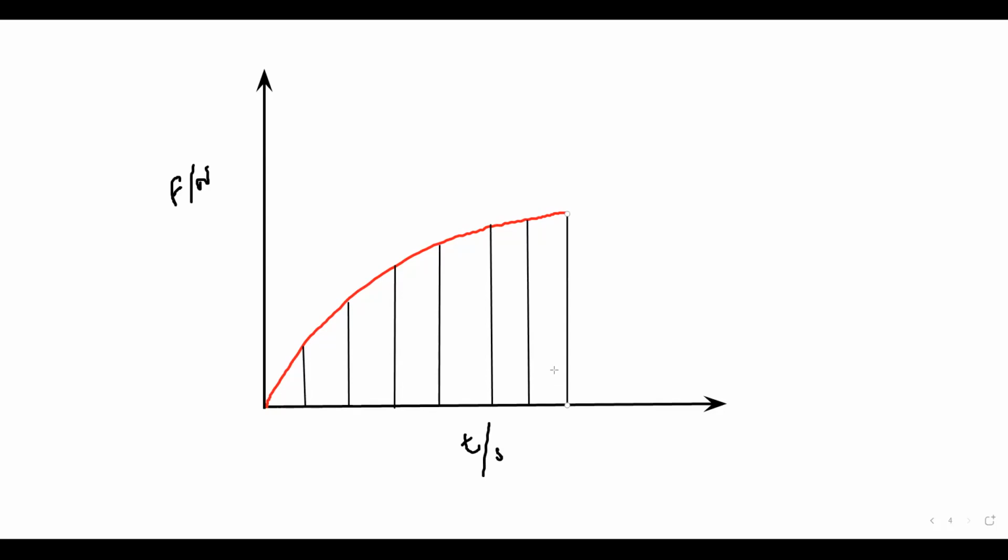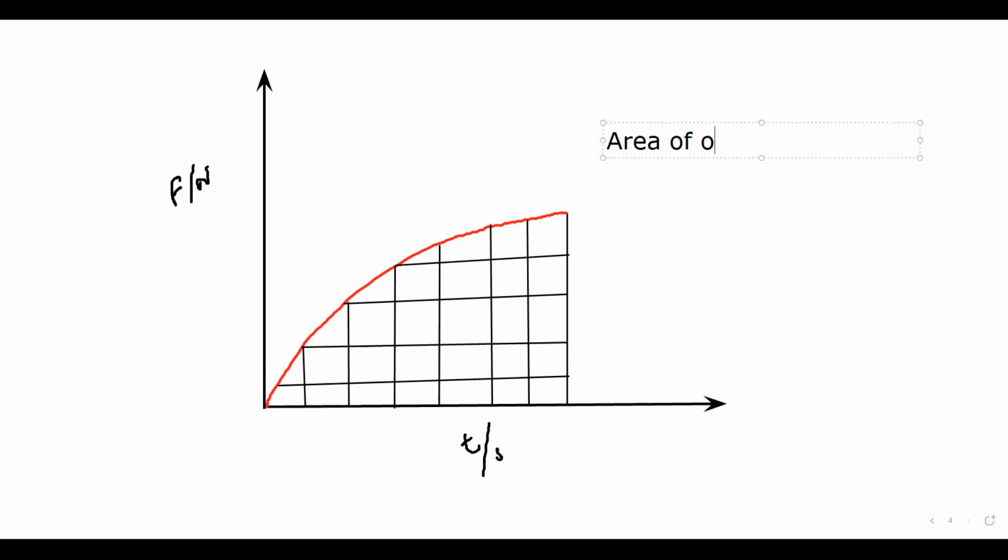So we draw horizontal lines, vertical lines, and then the area of each box multiplied by the number of boxes. Using the length and width, we'll get the area of one box.